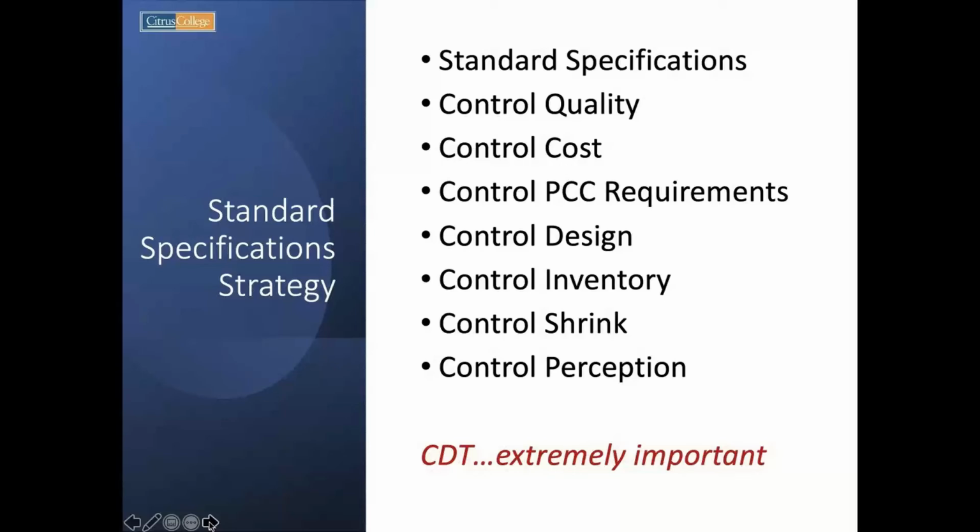If I have too many items, say for instance, it's again something as simple as specifying maybe a faucet for a lavatory. If I let each one of the design firms come up with a different faucet, then that means that I have to have in inventory a bunch of different manufacturers that basically cover the same item.